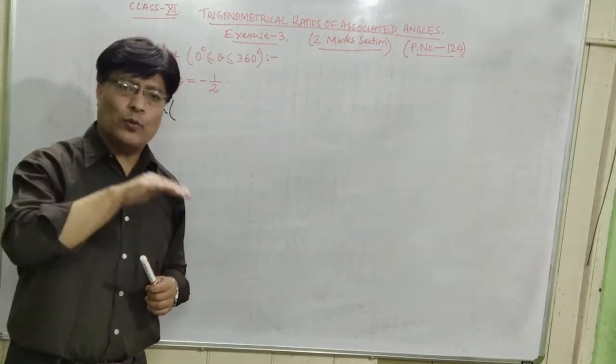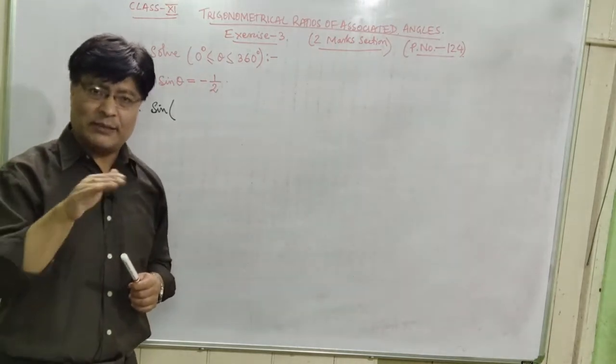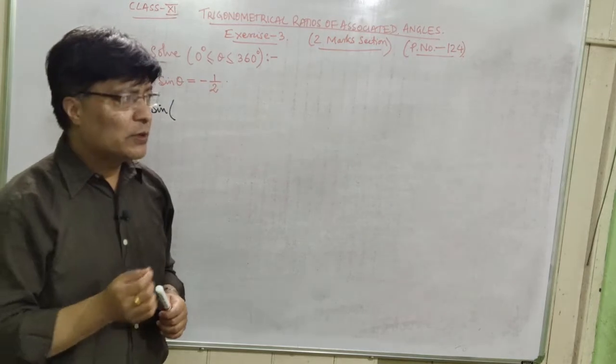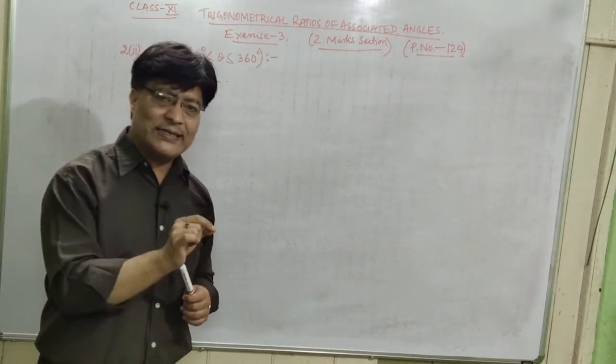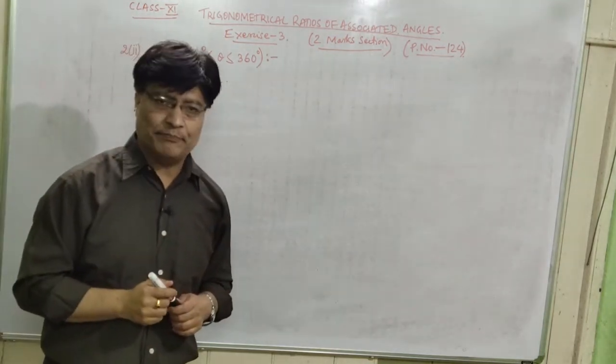You can write 180 degree plus theta or 270 minus theta. So here theta lies in the third quadrant. How can you write down the angle in the third quadrant? You can write 180 degree plus theta, or you may write 270 minus theta.